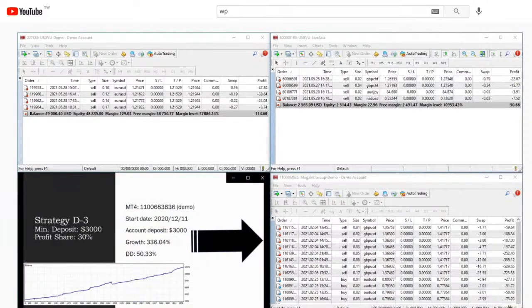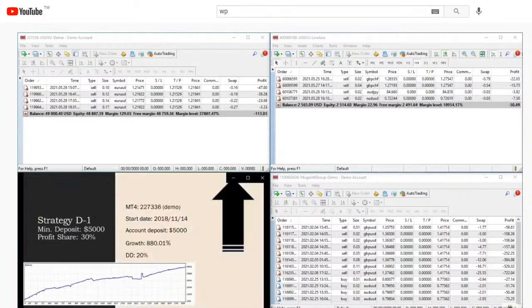For D1, last week's growth was 0.64%. Last month's growth was 2.62%. So far this month of May, it's a 2% growth. On average, on a monthly growth basis, based on the records, it's showing 7.67%.